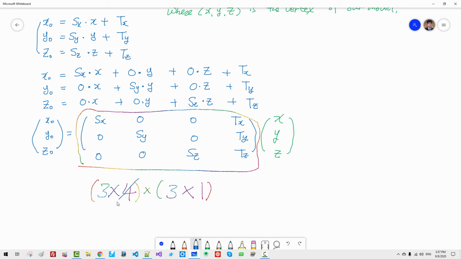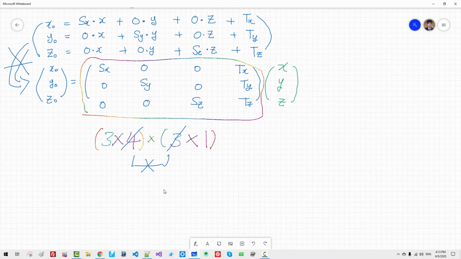The column count of this matrix and the row count of this matrix do not match. We cannot represent this system of linear equations as a matrix of this form. We cannot.